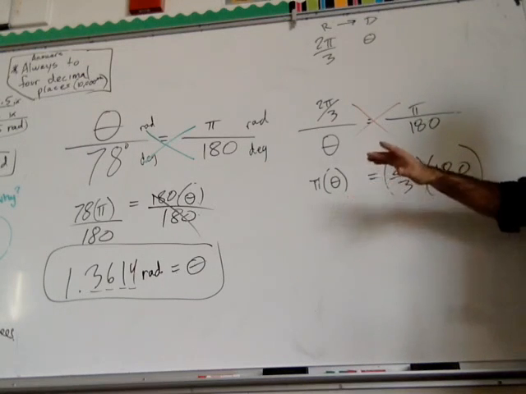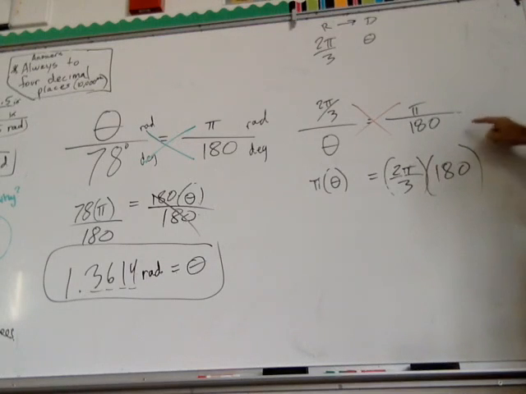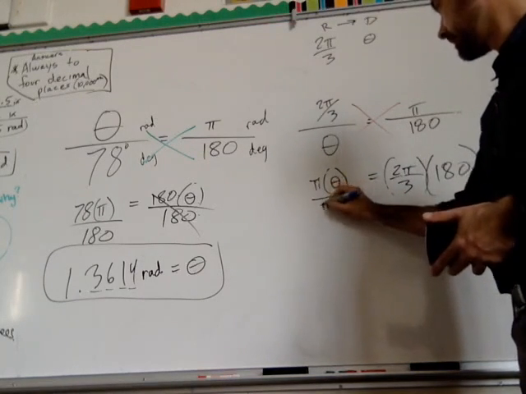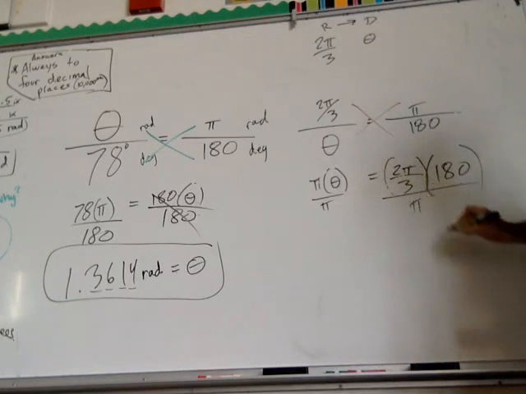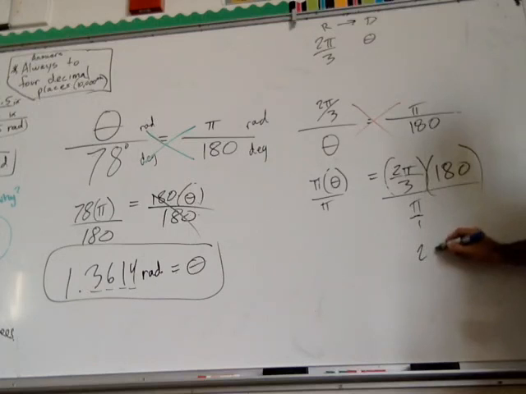Maybe make a note on that. Little hint, shortcut: cancel the pies once the proportion is set up. So set it up, then you can cancel the pies. I'll show you. If we divided this whole thing by pi, it's pi over 1. Whenever you divide, you end up multiplying the fraction. So we get pi over 3 times 180.